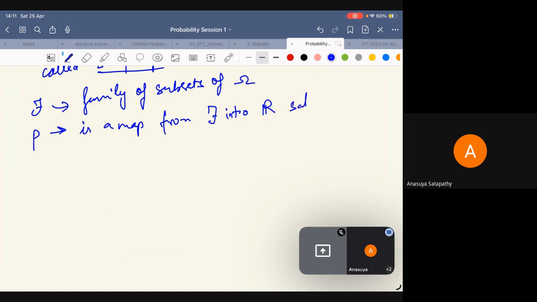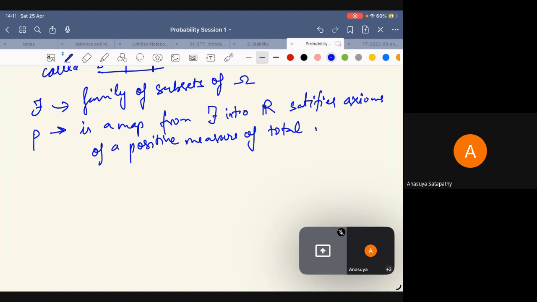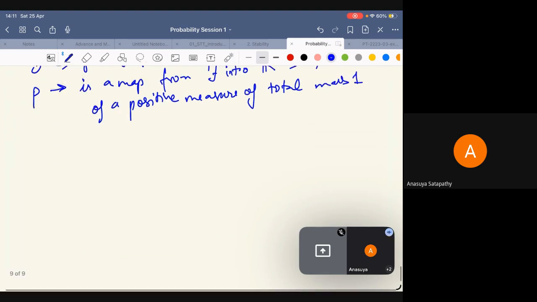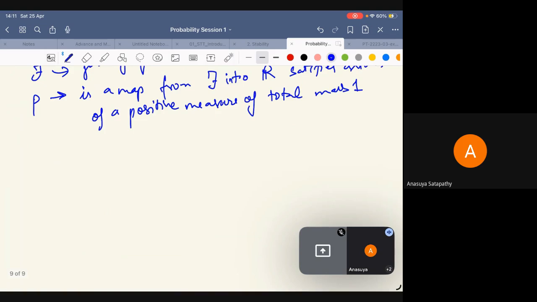That satisfies the axioms of a positive measure of total mass equal to 1. What does it mean? For example, as I was giving the example, there is a bag and it has five red balls and two green balls.